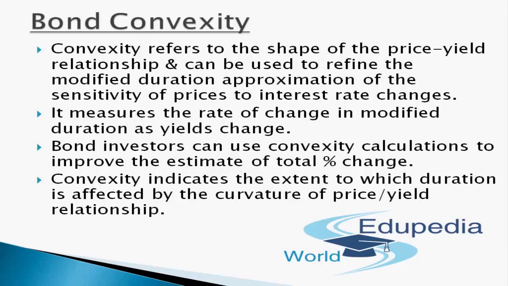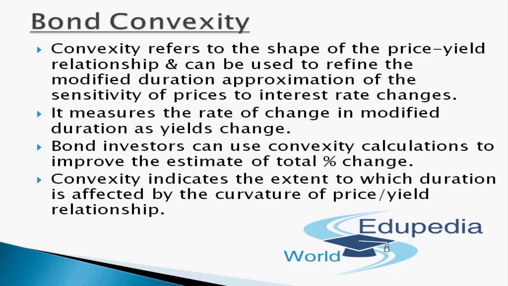price volatility. The more pronounced the curve, the greater the yield will change, and the more important convexity becomes. Duration can measure the price change accurately for an infinitesimally small change in interest rates, but as the rate changes increase, the importance of convexity grows.